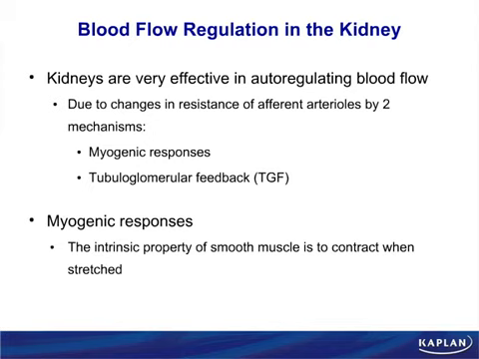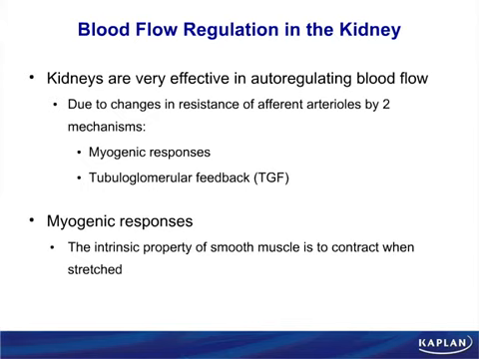Well, the kidneys, they also autoregulate. They're very effective in autoregulation. Now, when you talk about autoregulation in the kidneys, it's all through the afferent arterioles. It is the afferent arterioles that autoregulate. There are two proposed mechanisms. One is the myogenic response. The other one is what we call tubuloglomerular feedback.